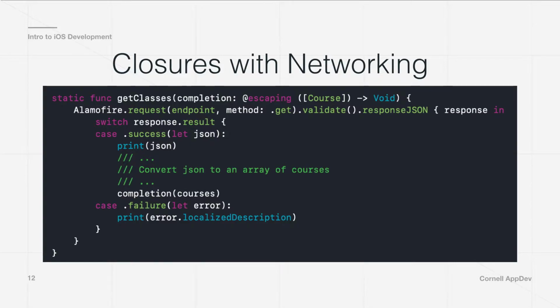For example, here we have this function called getClasses, and there's this thing called a completion, which is saying that once I've actually gone to the internet, fetched the classes, and gotten the courses back, then this function is going to be called. The function type is course array to void, because this function has an input of type course array, and it doesn't return anything, so it's just void.